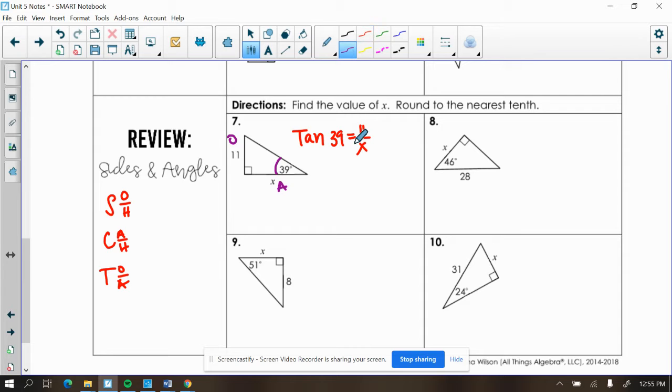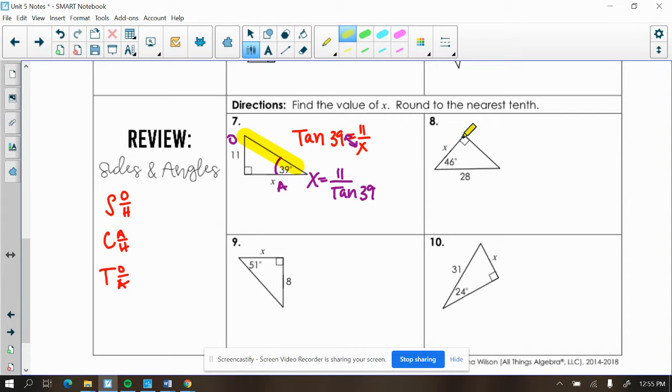Remember I said we weren't going to be tested on this one, but we could just swap those places. So x equals 11 divided by tangent of 39. But being able to set this up, the part in the red, would be very, very helpful. Again, knowing where our hypotenuse is, across from that right angle.